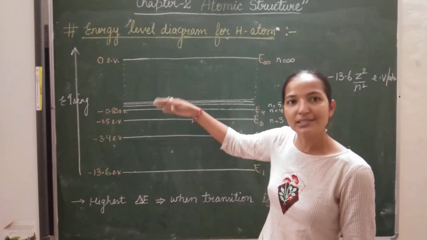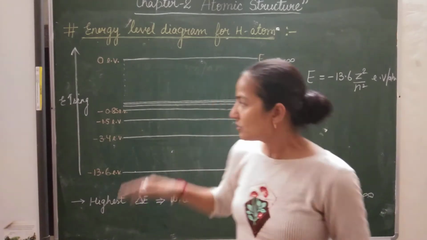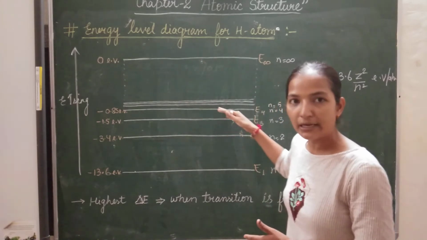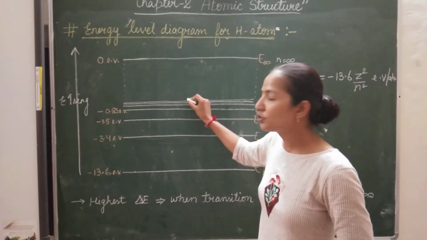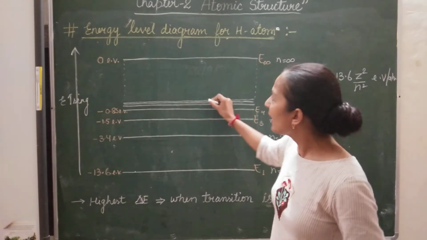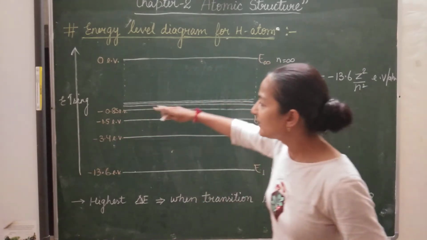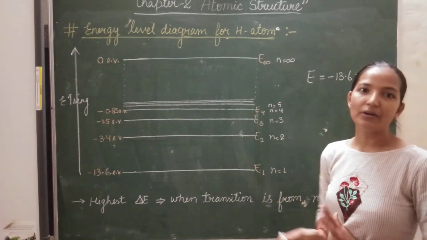The energy keeps increasing with a smaller difference. If we continue drawing the lines in the energy level diagram, the lines begin to overlap, and at n is equals to infinity we have 0 electron volt, where they continuously overlap. This is the energy level diagram.